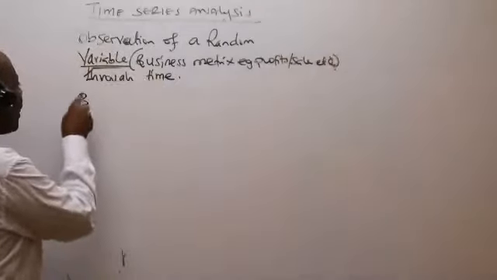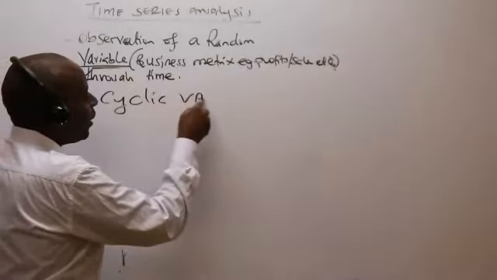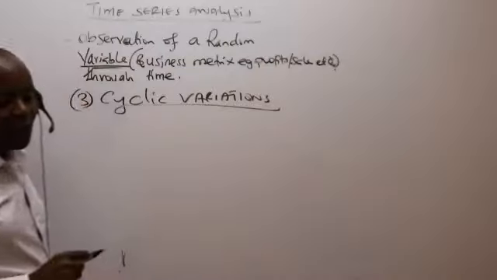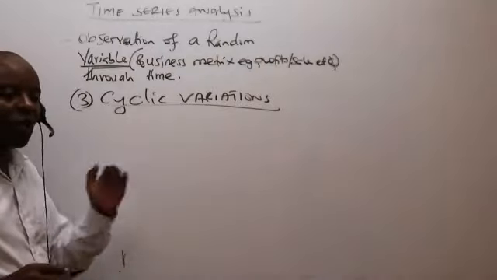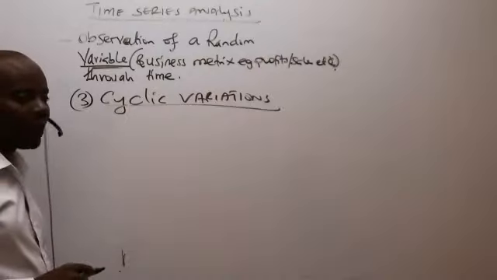So the third one is what we call the cyclic variations. The cyclic variations is our third component. So cyclic variations, ladies and gentlemen, what do we have under cyclic variations?